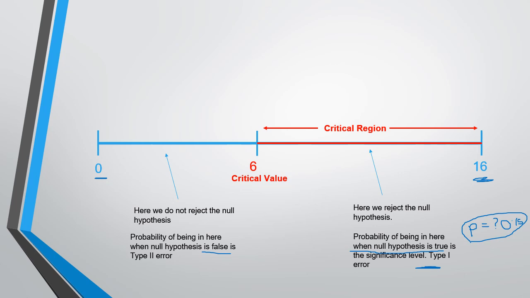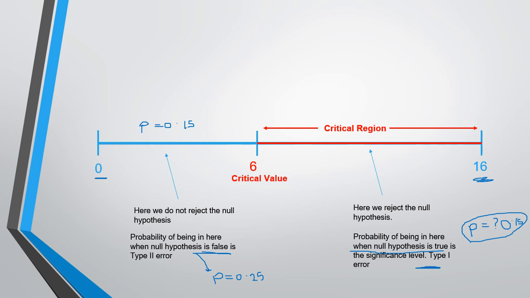And in anything that we do in stats, there's always going to be this slight error involved. Going to the type 2 error, so in this region I am not rejecting H0. So I'm saying that P is still 0.15 in here. But that type 2 error is when I say that P is still 0.15 when the null hypothesis is false. So in actual fact, P might be 30%, 20%, I don't know, I'd have to have that as part of the question.